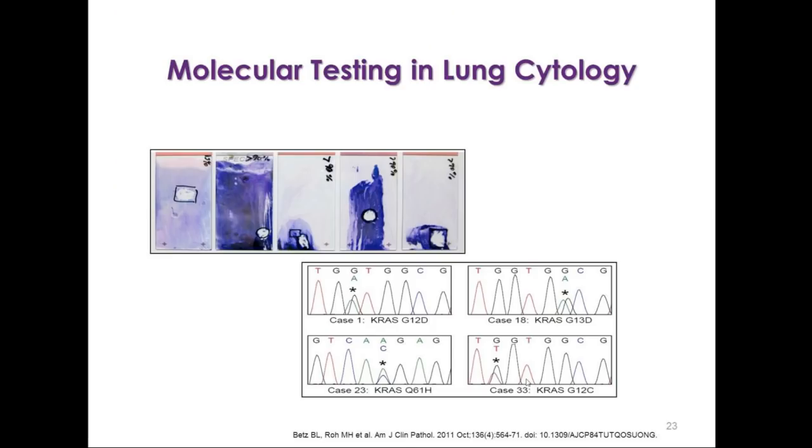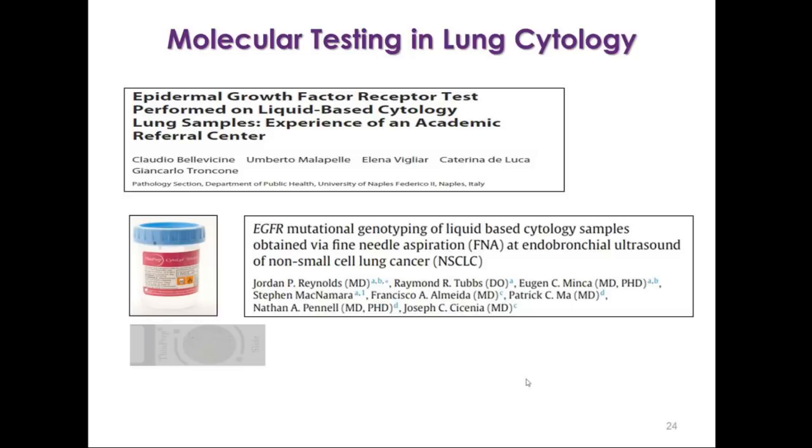When the testing was initially implemented, people were doing more single gene based testing, and they would either scrape off or cell lift from smears or cell blocks, and would do Sanger sequencing or pyrosequencing, and have shown that you can do these not just from the cell block specimens, but from smears as well as liquid-based cytology specimens.